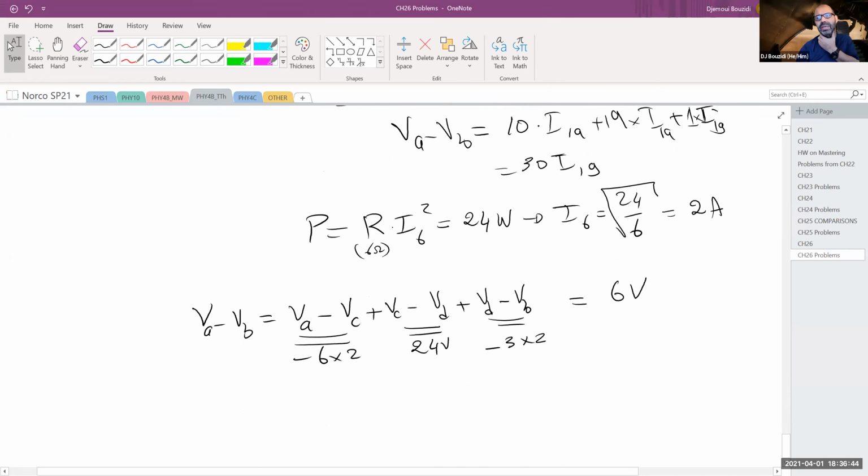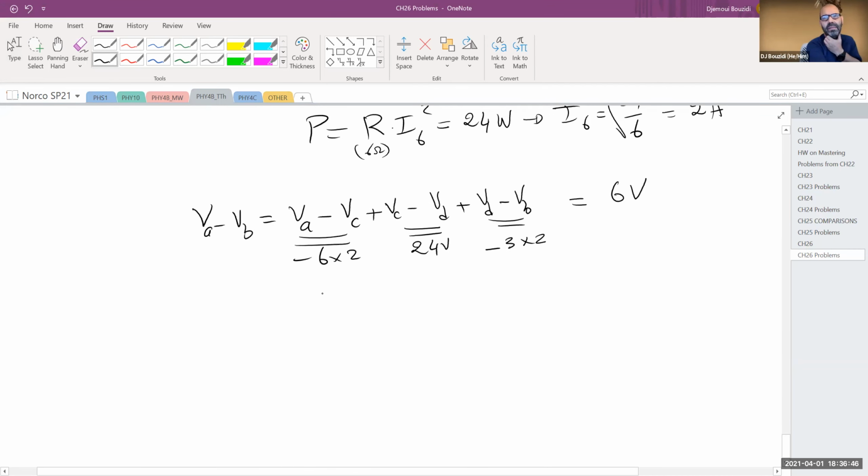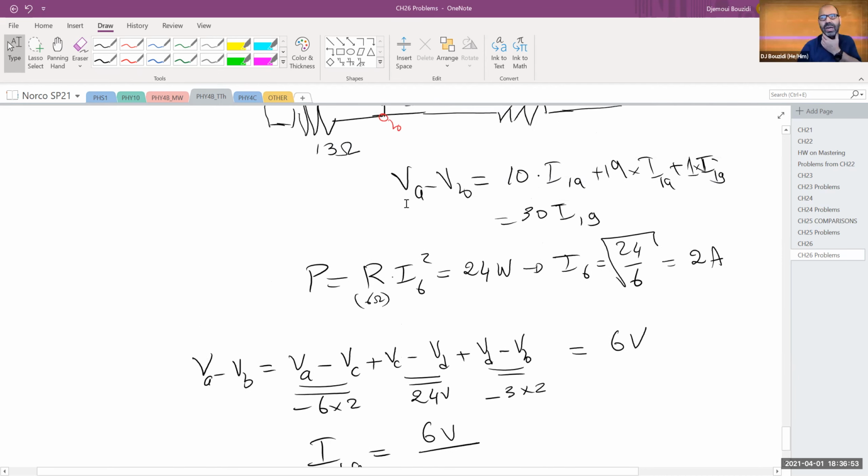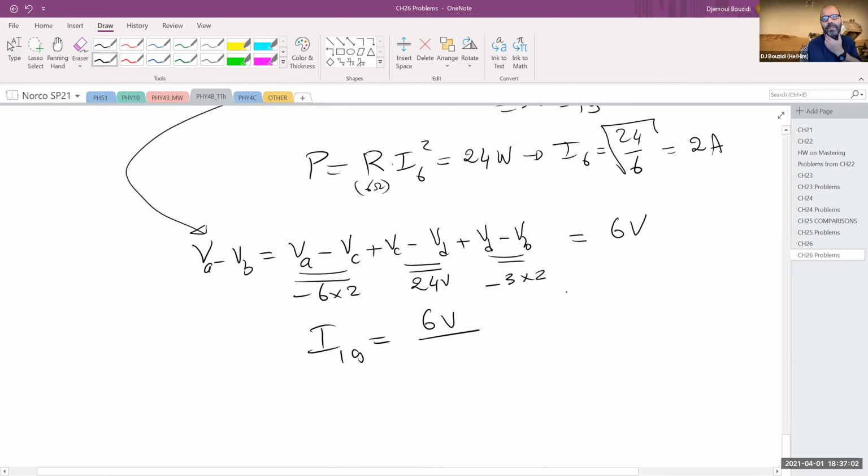Now I can find what I19 is. So I19 is simply this 6 volts, which is VA minus VB, by the way, calculated from both sides. This is the same voltage as here, divided by 30. Obviously, 6 has 5 of it, so it's going to be 1/5 of an amp, or 0.2 amps.